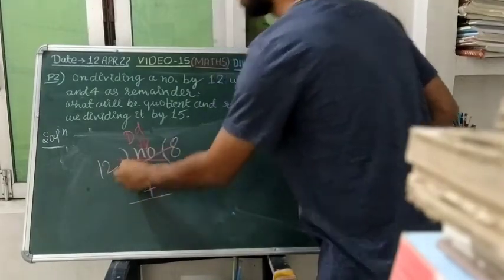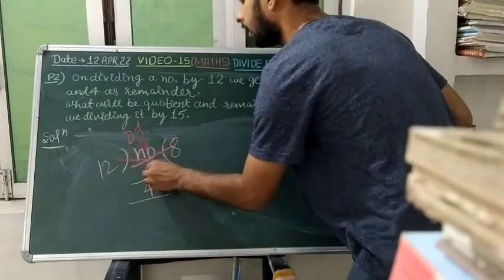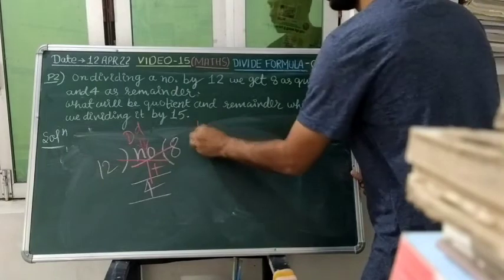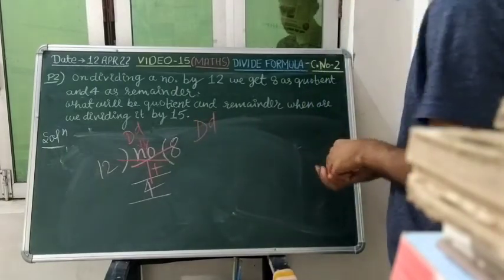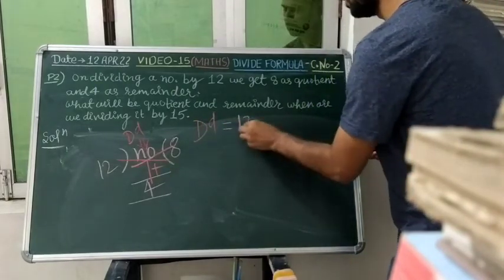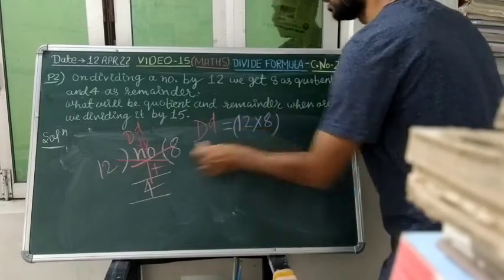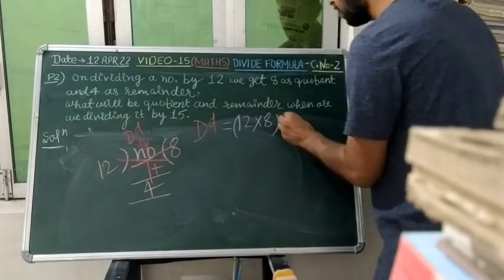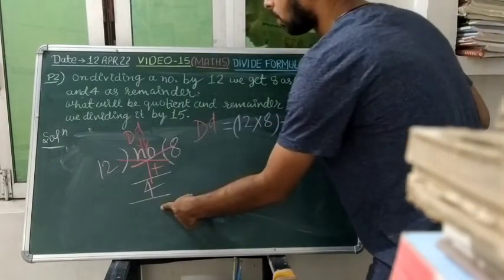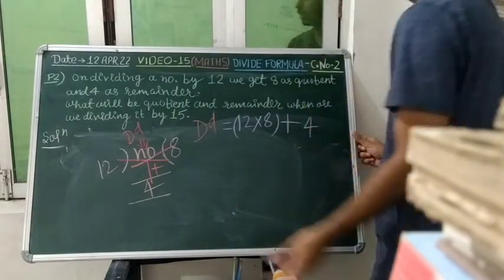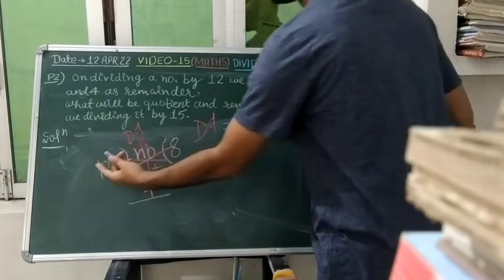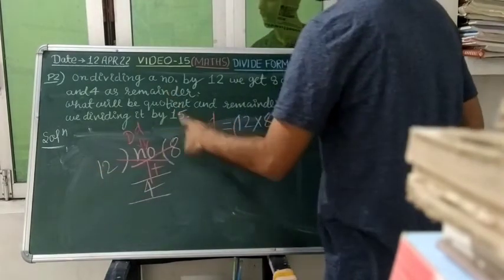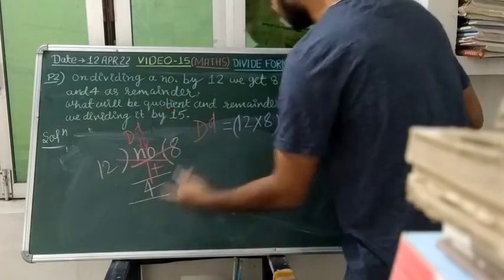So to find out the dividend, what do we do? We multiply this and add the remainder, so our dividend will be 12 into 8, multiplication of left side and right side, and addition of bottom side, meaning multiplication of divisor and quotient plus remainder.